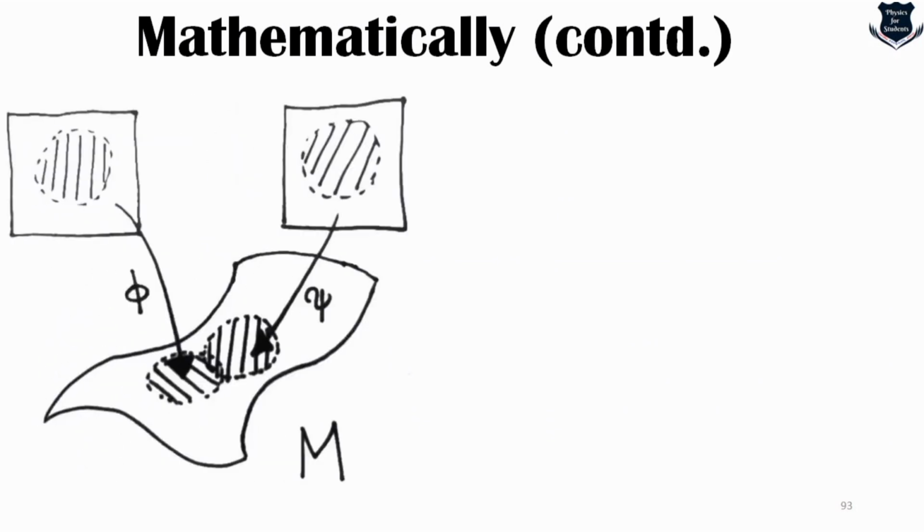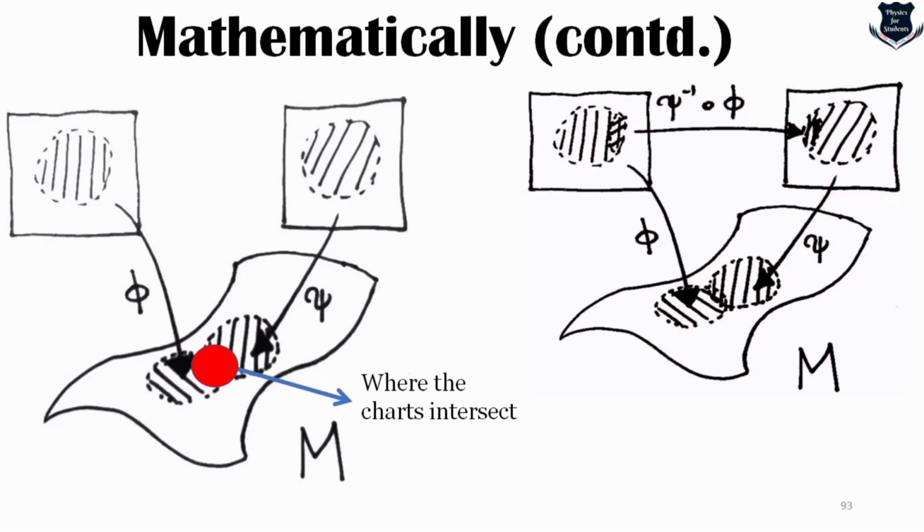Now we take this illustration, and these are the two functions that we use, phi and psi, right? Rounded in red. And this is where the chart intersects at the point I would like to show you. You see this little black one, this is where the chart intersects. And we take another chart where we map this one here, right?